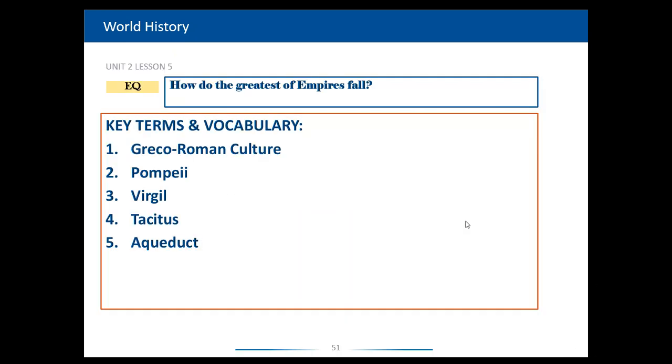All right. So that concludes our section on ancient Rome or the Roman Empire and the fall of Rome. So your key terms and vocabulary include Greco-Roman culture, Pompeii, Virgil, Tacitus, and aqueduct.